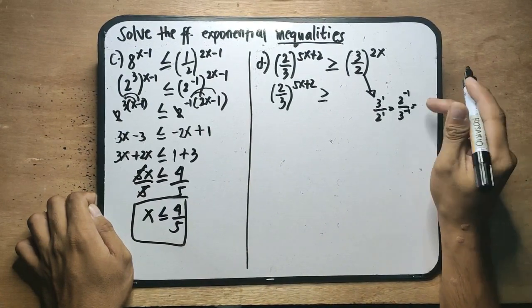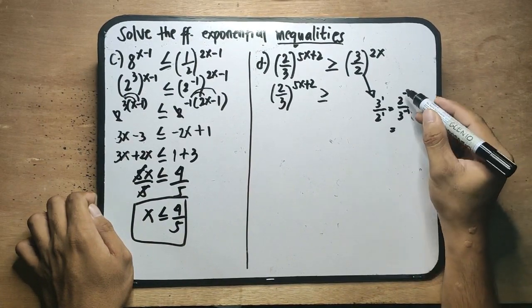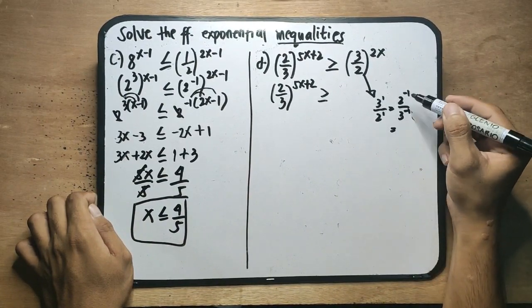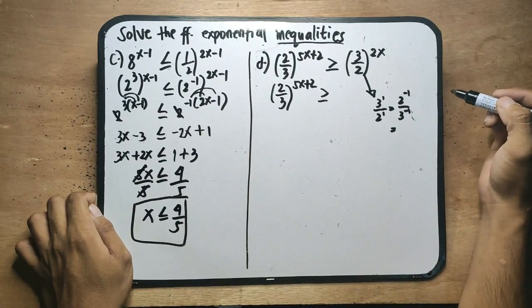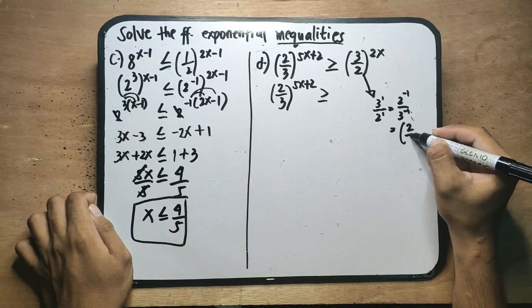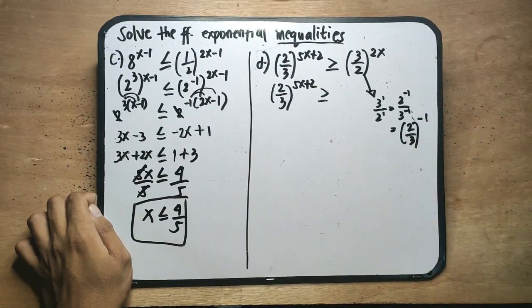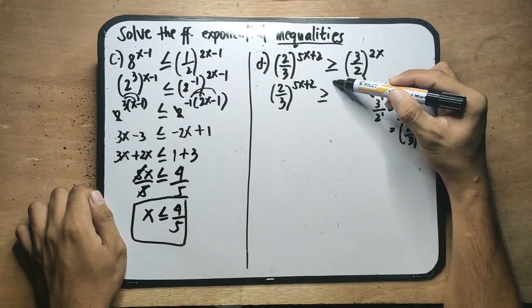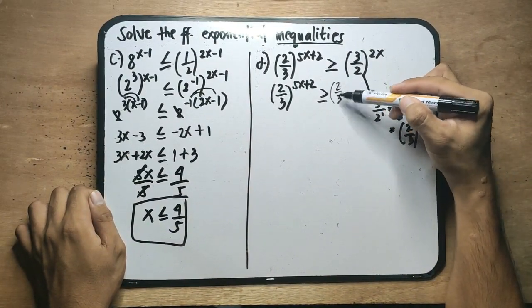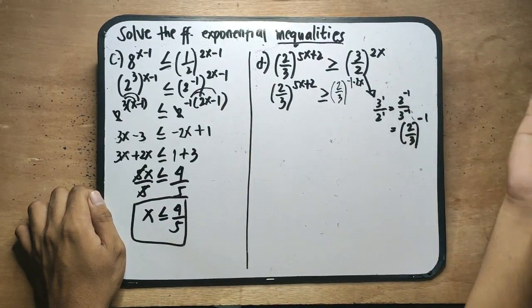Since pareho sila ng exponents na negative 1, we can bring it outside the parenthesis. So 2 all over 3, and then yung same na exponent magiging negative 1. So ibig sabihin, ang magiging exponent nito para maging 2/3 siya, magiging negative 1 times 2x.